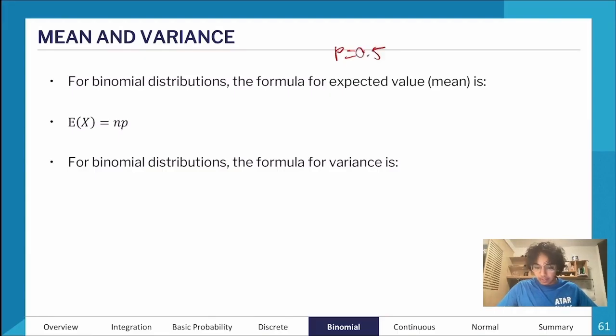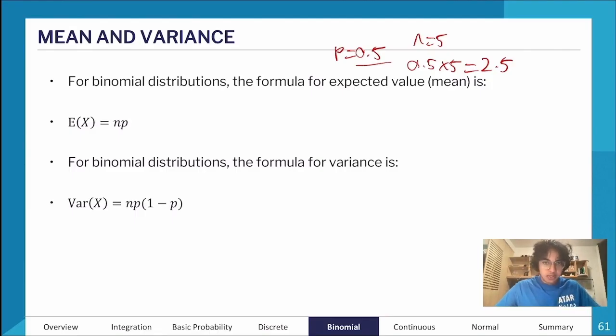Let's say I flip a coin maybe like 5 times, so n is equal to 5. The probability that I get tails is just going to be 0.5 times 5, right? Half of the times I'm going to get tails. So 2.5 times I should be getting tails, which is kind of iffy, I guess, with a discrete sort of distribution. So it's probably better to just round up to 3.